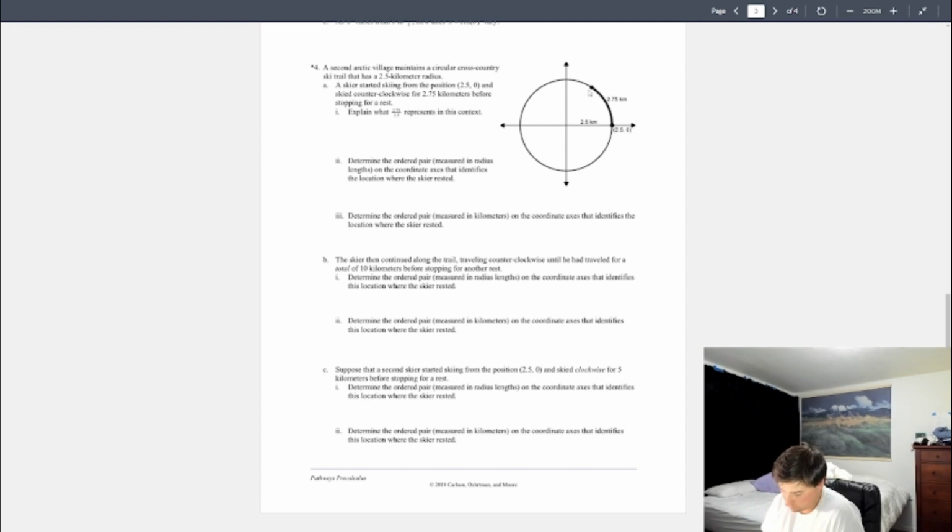Okay. So I'm going to use the arc length equation to find theta, which is 4 radians.